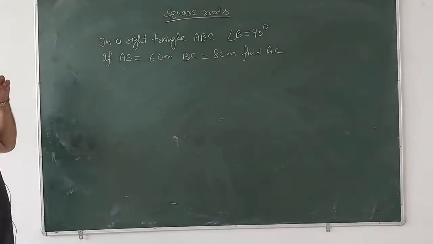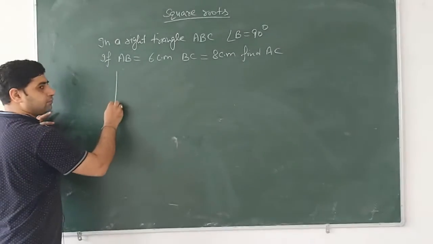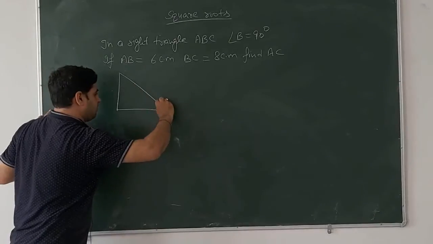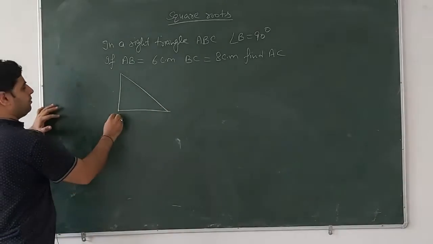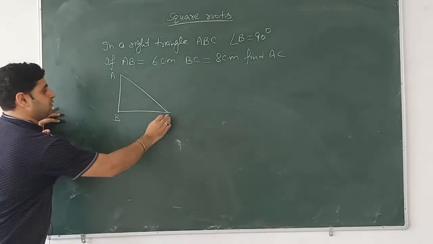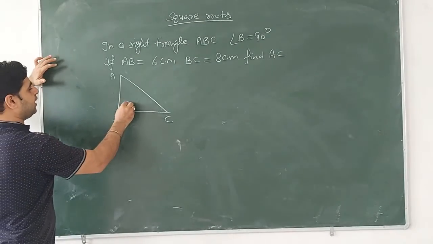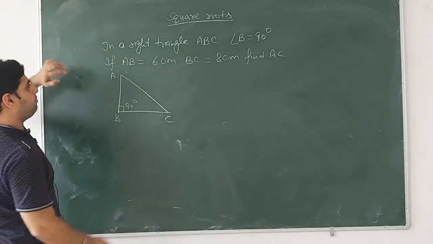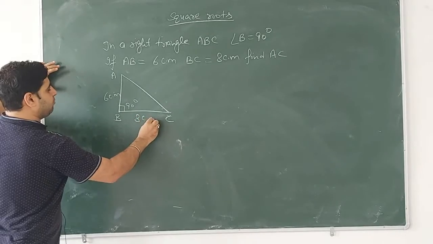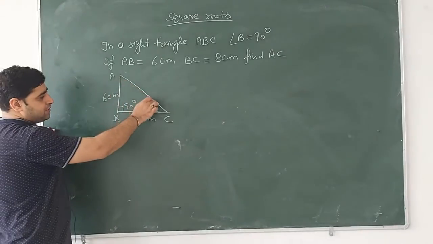In a right triangle ABC, angle B is 90 degrees, AB is 6 centimeters, base is 8 centimeters. So we have to find AC. How will you find AC?